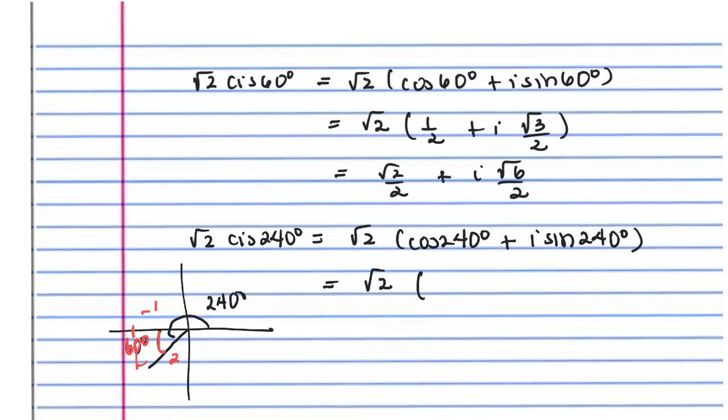And then we also know that the sine is negative. The sine of 240 is minus root 3 over 2. So we're going to have the same answer that we had up above, except both the terms will be negative. So we have minus root 2 over 2 minus i times root 6 over 2.